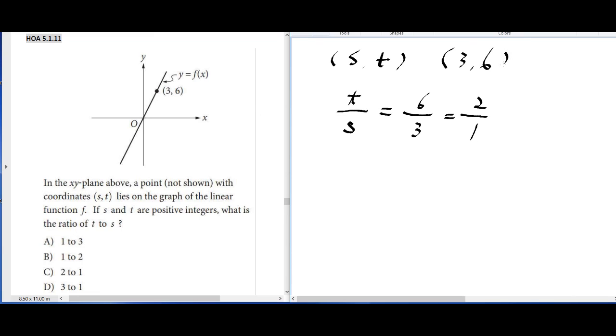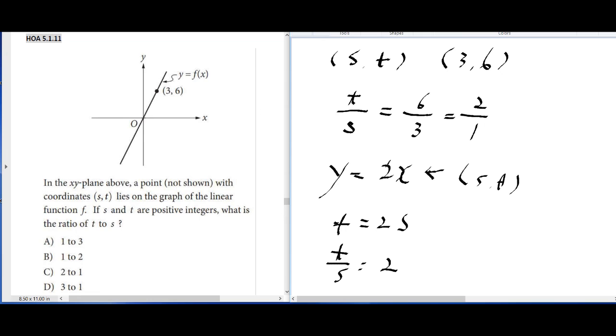You understand me? Or, okay, I know the slope. What is it? y equals 6 over 3, which means 2x, right? And then plug in s comma t. t equals 2s. So t over s equals 2. This way is also good.